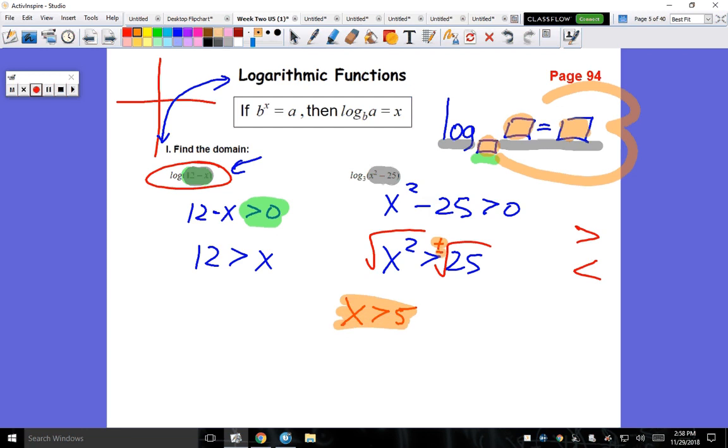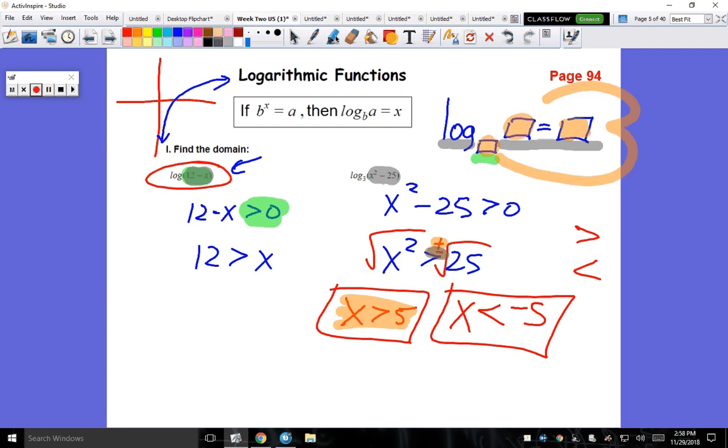But the negative answer, it's not going to be x is greater than 5. It's going to be what? X is less than negative 5. Okay, those are my two answers. The gray is over here. Not only did I put the negative on the 5, but I also flipped the inequality sign. Any questions?